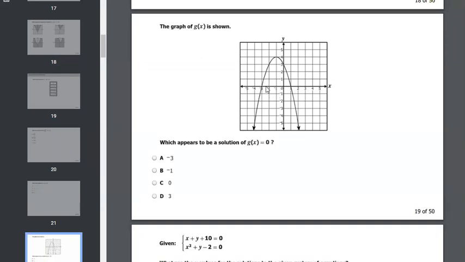Where does this graph cross the x-axis? Well, it crosses at positive 1 over here. That is not one of my choices, so I can't choose that. The other place where it crosses the x-axis is at -3. And that does appear as a choice. So the answer is going to be A.